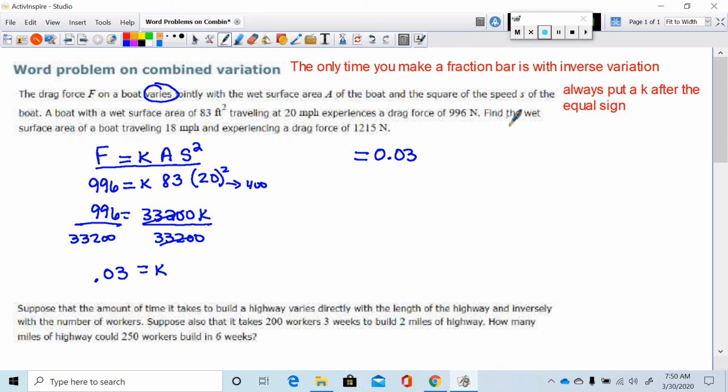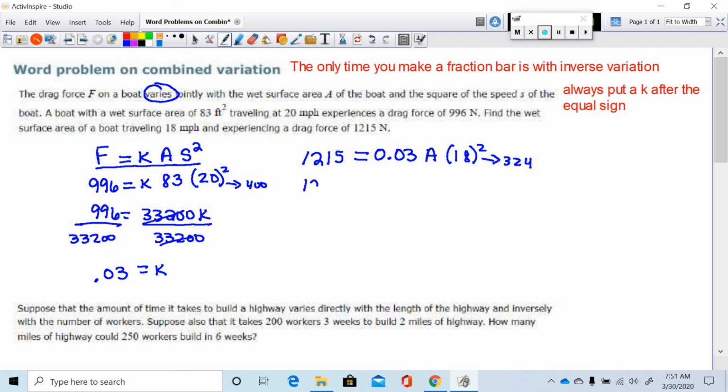And then you go to the next sentence and fill in all the rest of the pieces. Find the wet surface area, so we don't know the A, of a boat traveling 18 miles per hour, that's the speed, and experiencing drag force of 1,215 newtons. Okay, so 18 squared is 324. You always have to do the exponents first.